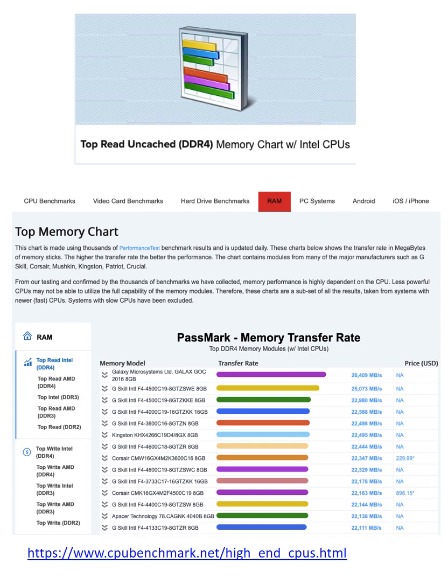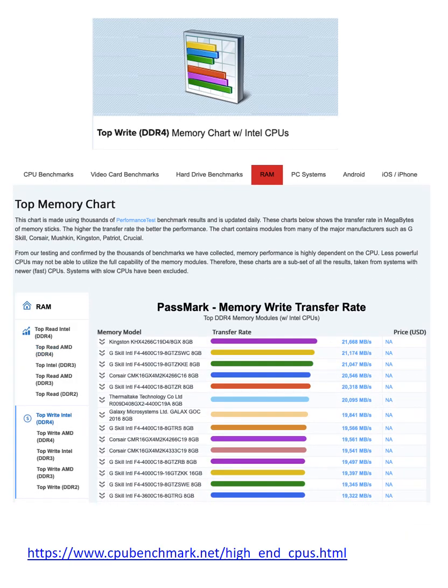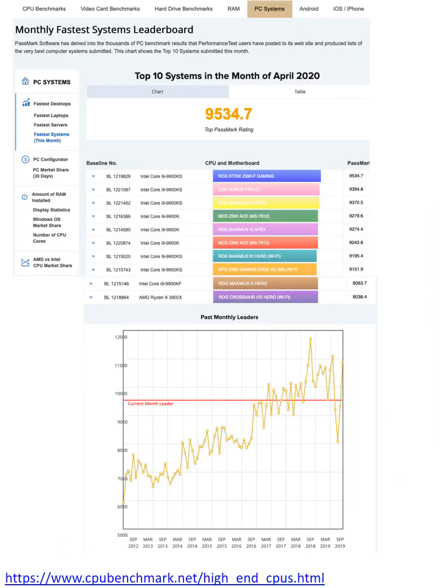This slide is for read, uncached read access, and then writes with DDR4. And then finally they rate here 10 top systems in April 2020, and you can take a look at that, and how that graph and how things have changed over time.